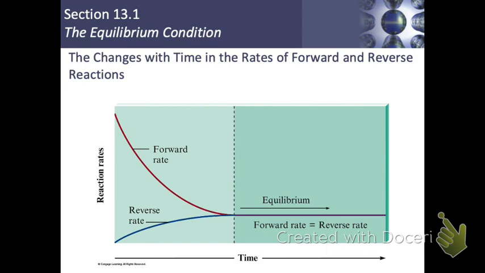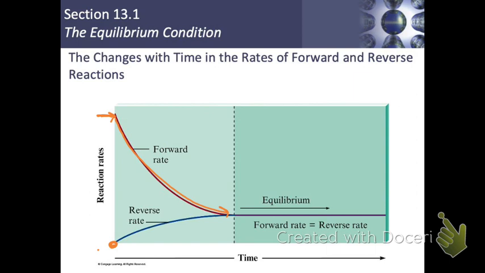Here's a little diagram of what's happening with our rates of reactions. Right? Our forward rate starts out really quick. Okay, so think about this. If I have a reactant that starts moving forward really quickly, right? And then over time, my forward rate slows down. My reverse rate, which would be the rate at which my products turn into reactants, starts out at 0, right?